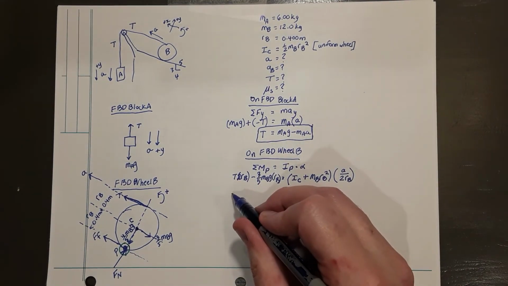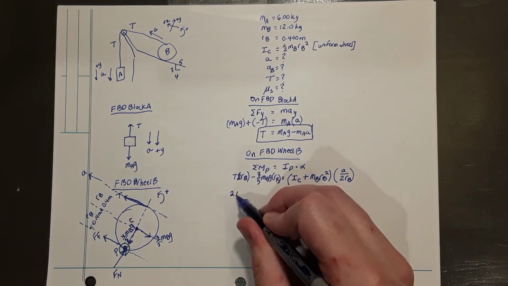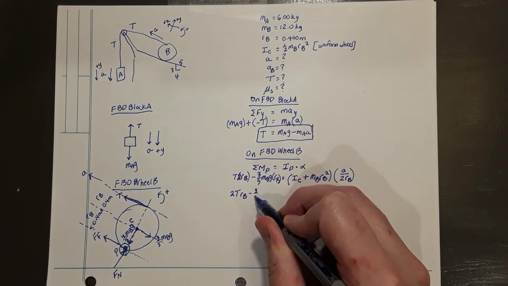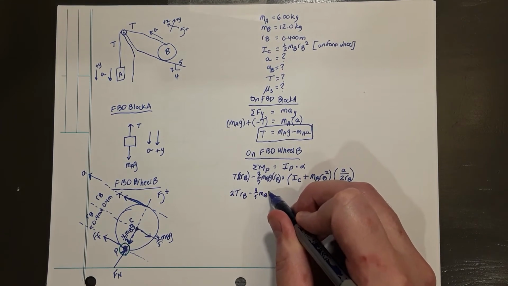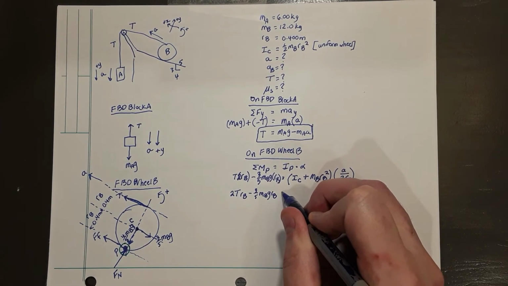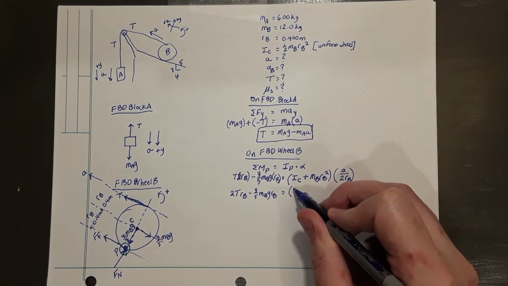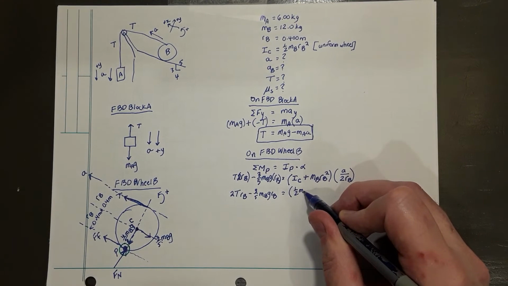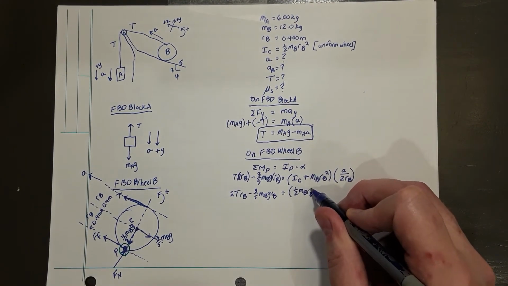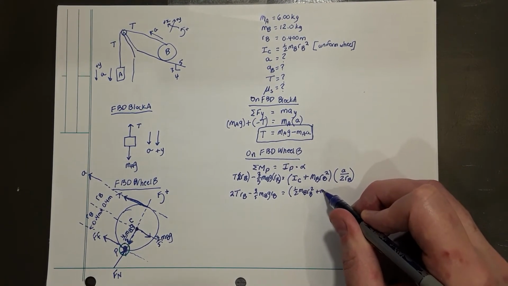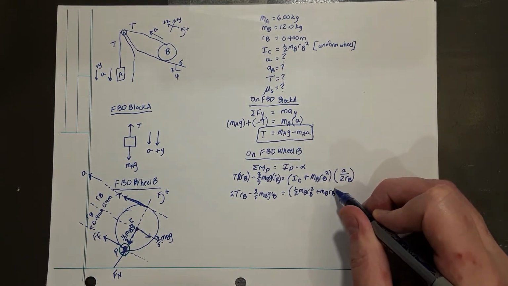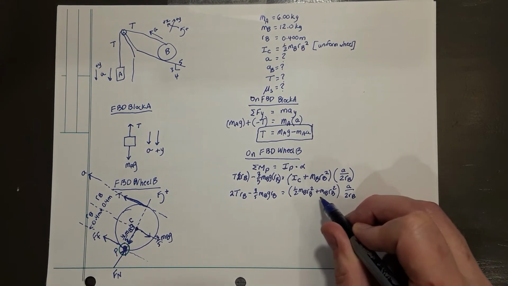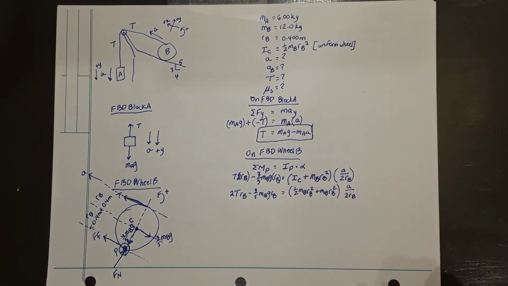And so we end up with something like this: 2 tension RB minus 3/5 MBGRB equals moment of inertia around the center, because it's uniform, is 1/2 MBRB squared plus another MBRB squared, which is going to leave us with 3/2 MBRB squared inside.